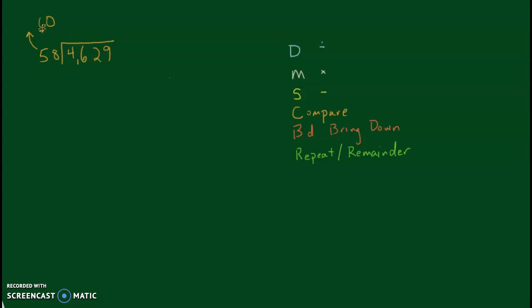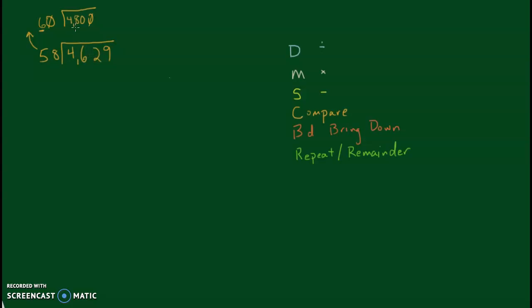So the closest multiple I can get from 6 to 46 is 48. So I'm going to make this 4,800 divided by 60. And in class we talk about if we have numbers that both end with zeros, we can cancel those out, which is like dividing by 10.